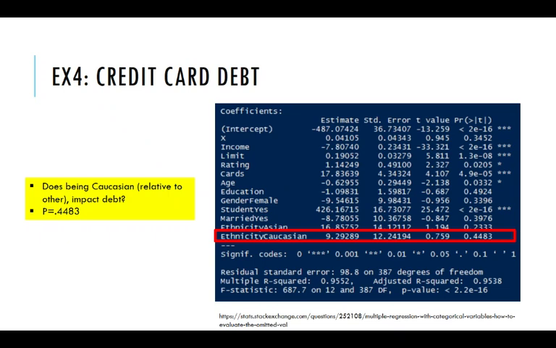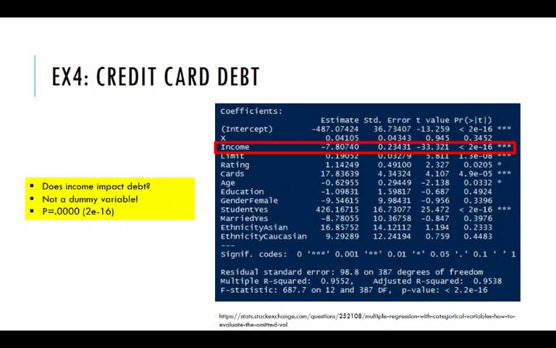And so even though we have a coefficient of 9.29, we can't claim that that's any different from 0. Again, we fail to reject the null hypothesis. And the null hypothesis is that our coefficient, our beta, is 0. So that would not be a significant result either.